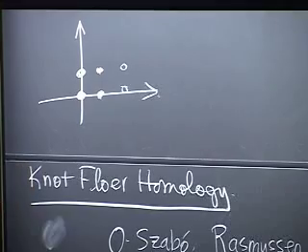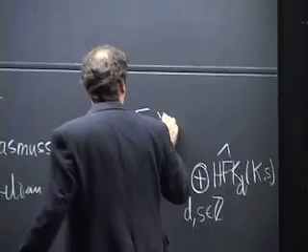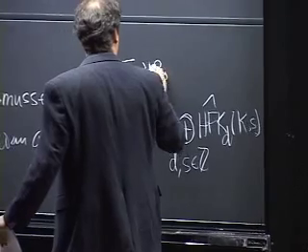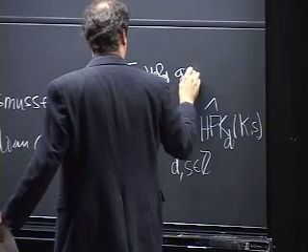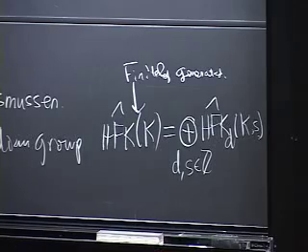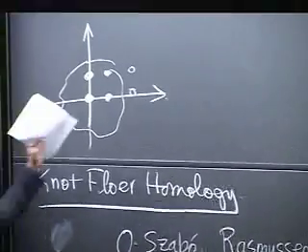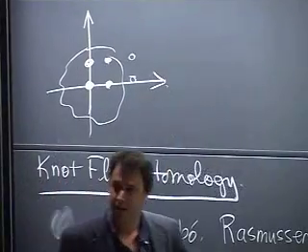So I suppose I should say this group here is actually finitely generated, which means, of course, that it has finite support. For only finitely many d and s is this group non-trivial. Outside of some region in the plane, the group is trivial.